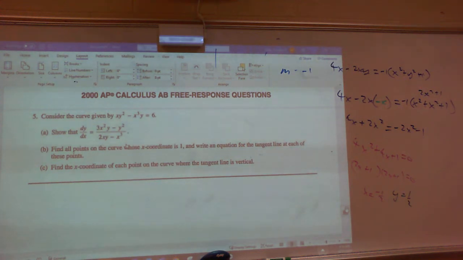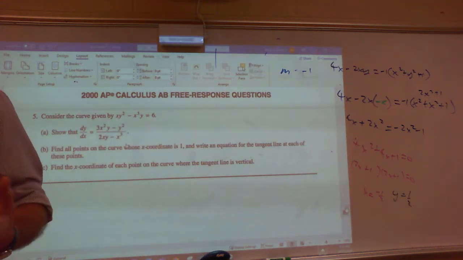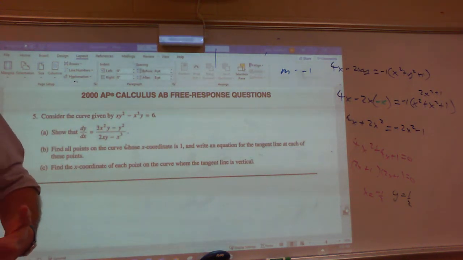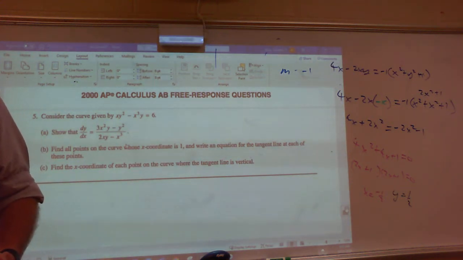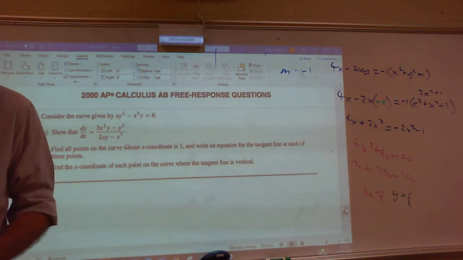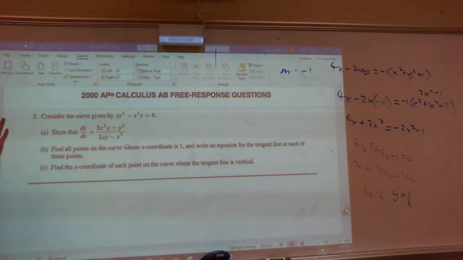And it's just practice, right? It's more practice of implicit differentiation. It's asking you to find the second derivative, to take the second derivative and plug in points. And then it says find the equation of the tangent line. Don't worry about the normal line for 10 and 11. But I'll post answers for that. And we may not finish this. In fact, I'm fairly certain we won't finish it. But I do want to talk about the similarities between this problem and the previous one.